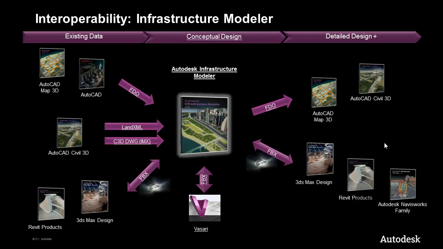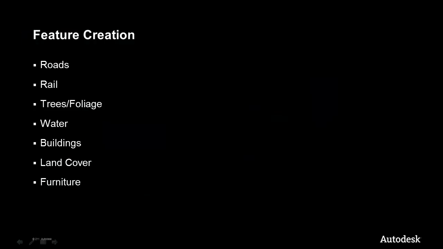You can move it forward, so you don't have to worry about the work that you're doing in here being lost. So you can see we take it in from multiple products using FDO, LandXML, Civil 3D, FBX, shapefile, all those different things. We can also send out FBX or through FDO, and I'm going to show you that a little later on.